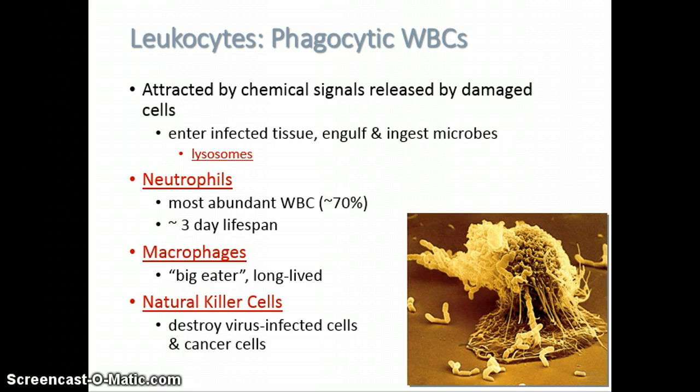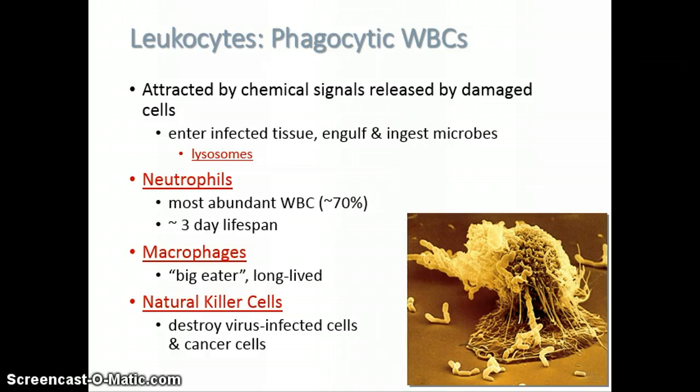Chemical signals can be released by a damaged cell. A cell that is undergoing attack will send out a chemical signal. They enter the infected tissue, engulf and ingest microbes, and they use lysosomes to do that. And we'll look at that in the next slide.